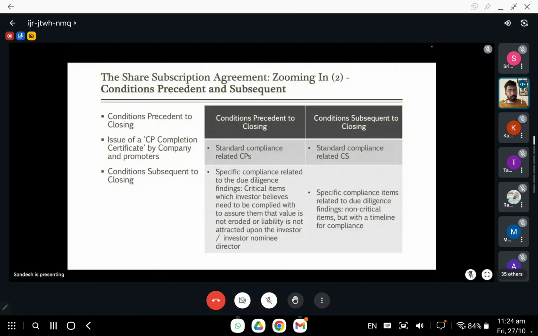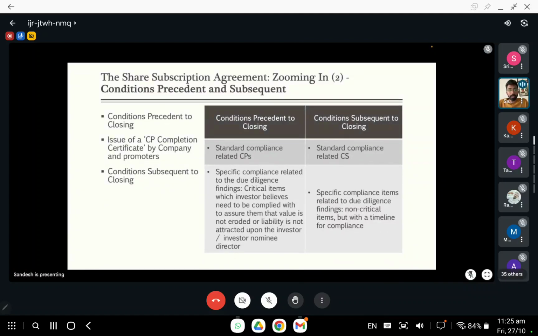Then the next set of documents are your CP and CS, your conditions precedent and your conditions subsequent. One set of CPs are your compliance related items. You have to hold your shareholder meetings, you have to hold your board meetings, you have to issue an offer letter, you have to pay stamp duty on share certificates. Yeah, those are closing items.